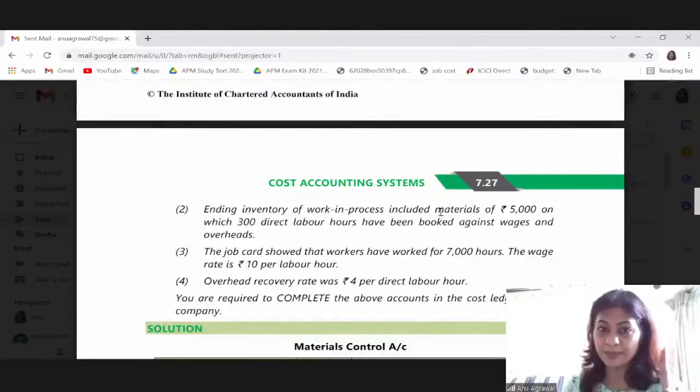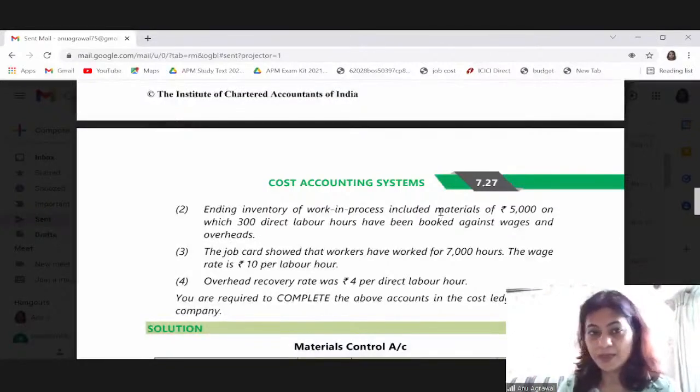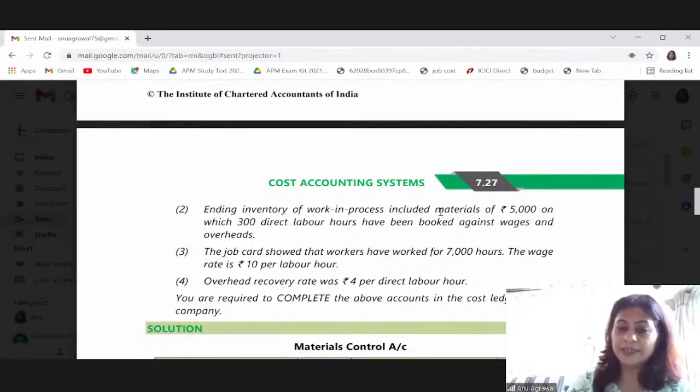So each labor is being paid at the rate of 10. That means 300 into 10 is 3,000. And for every direct labor hour, 4 absorption rate of overheads, 4 into 300, 12. That means what should have been the closing balance of WIP? Material plus labor plus overheads. Yes. So this is it.